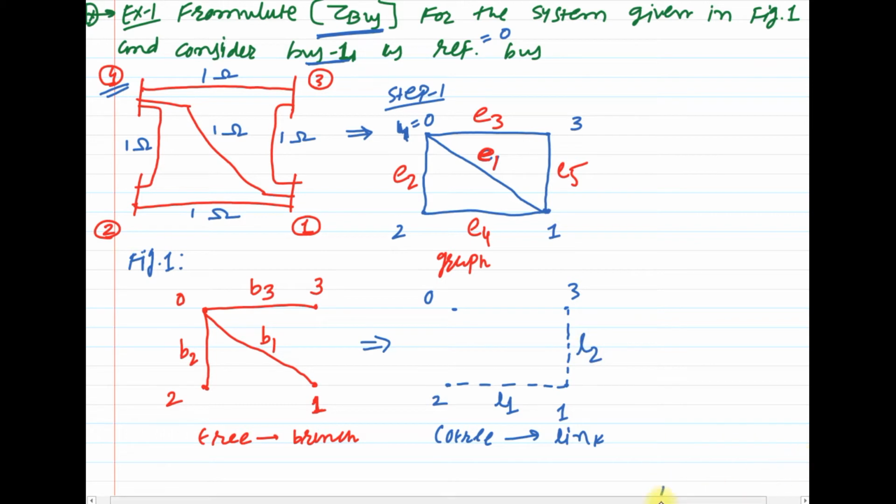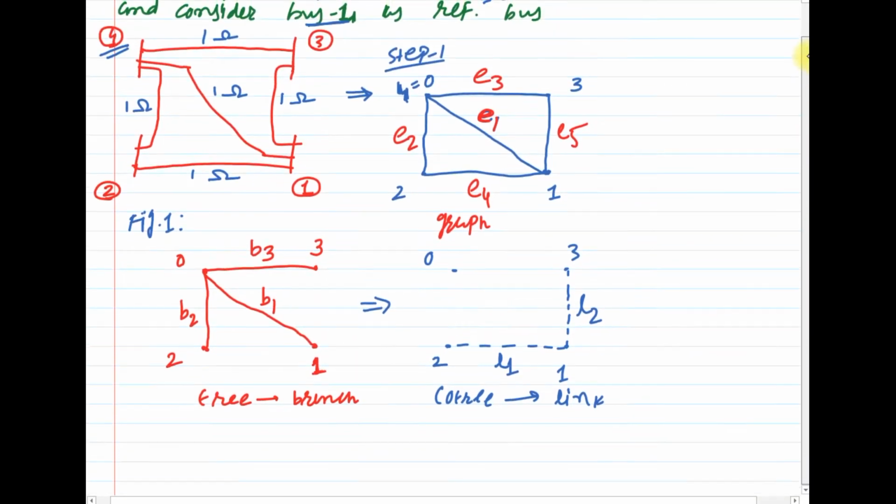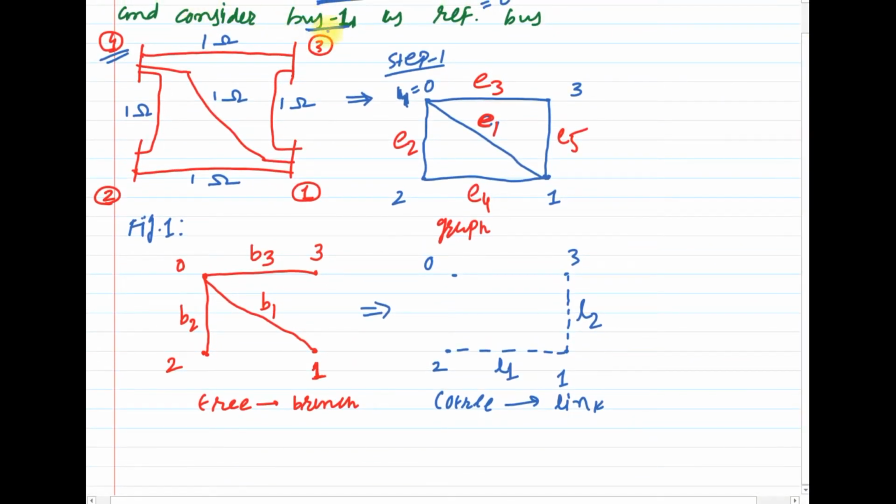I hope you have clear up to this. The first step is we have to draw the graph, tree and cotree from the network. One more thing here: it is given that bus number 4 is the reference bus in your network.